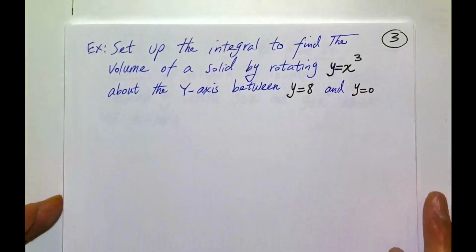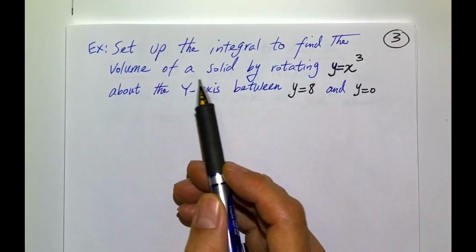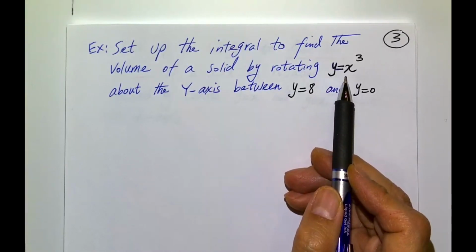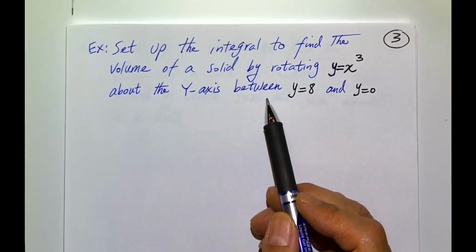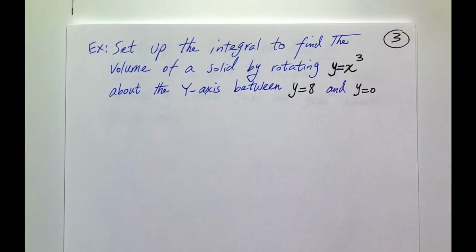So in this example, we're asked to set up the integral to find the volume of a solid by rotating this function, the cubic function, about the y-axis between y equals 8 and y equals 0. So this is a little bit different, right?